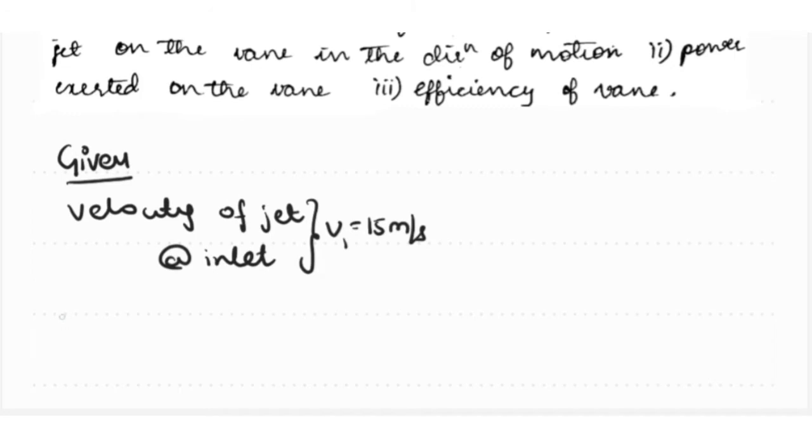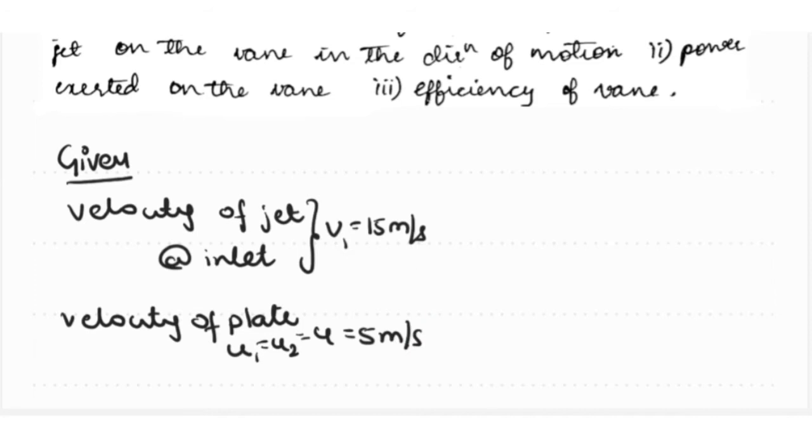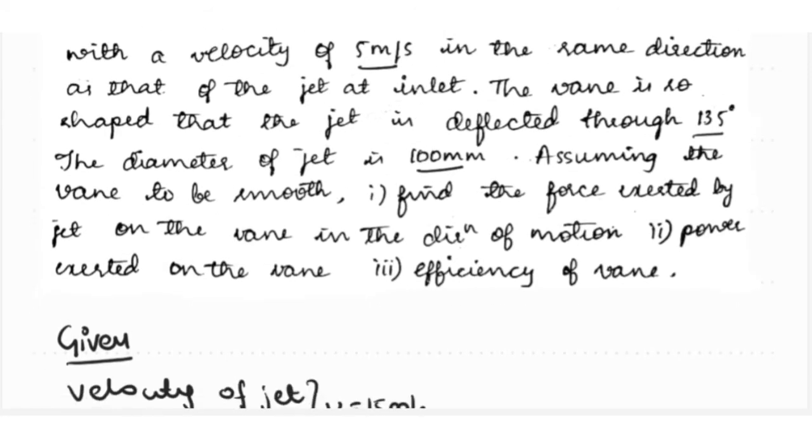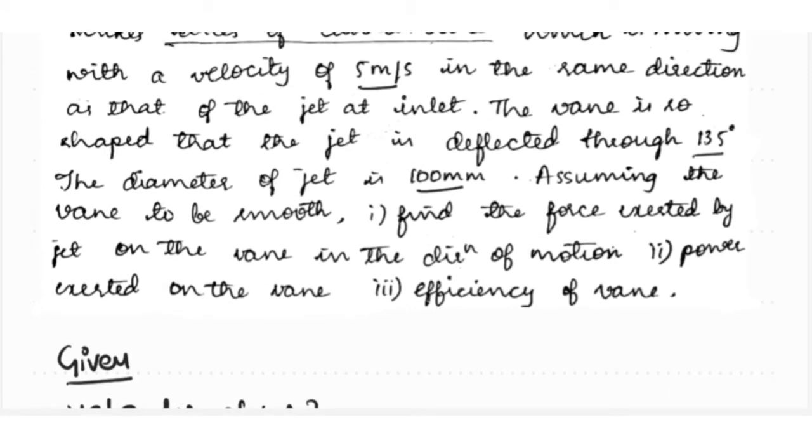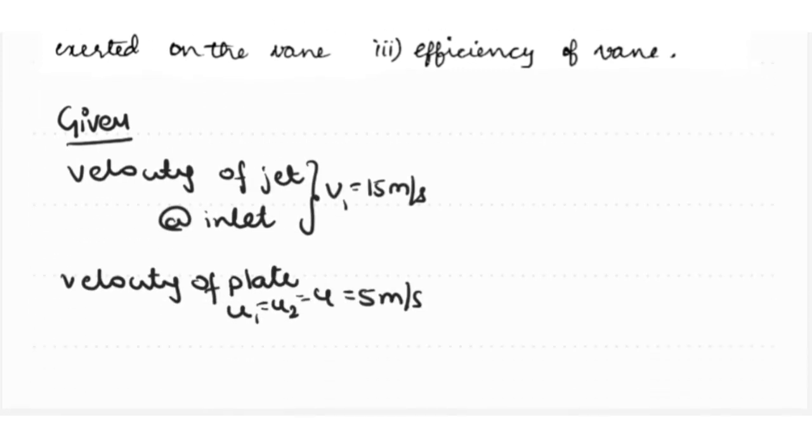So velocity of plate u1 is equal to u2 is equal to u is equal to 5 meter per second. And one more thing given is deflection angle is 135 degree.